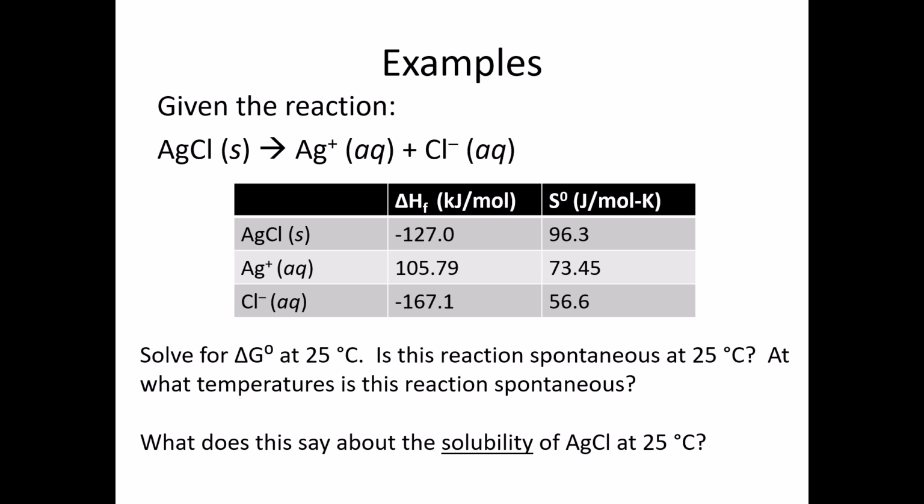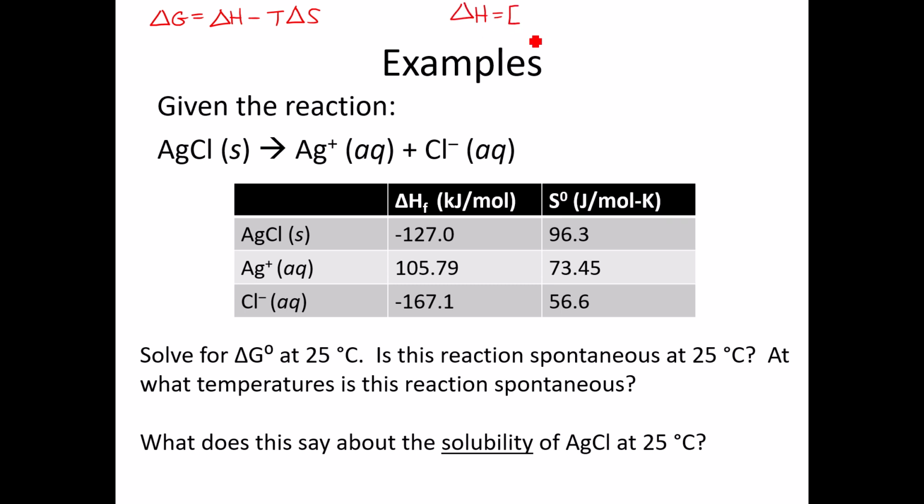Alright, so let's look at an example and see if we can figure out if this reaction is going to be spontaneous or not. So in order to use our Gibbs free energy equation, we need to calculate delta H and delta S, and we're going to do that by using the table values. Alright, so we're going to calculate delta H first.